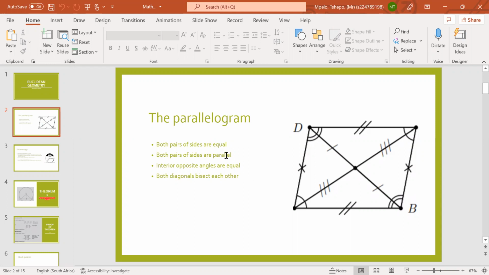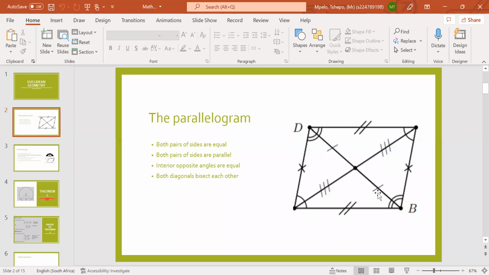Got that? And then secondly, both pairs of sides are parallel, meaning this side is parallel to this side, and this side is parallel to that side. From grade 8 up to grade 10, what do you know about the angles between parallel lines with the transversal at the bottom?